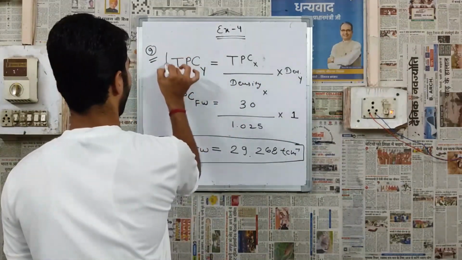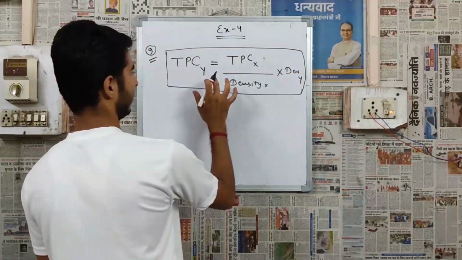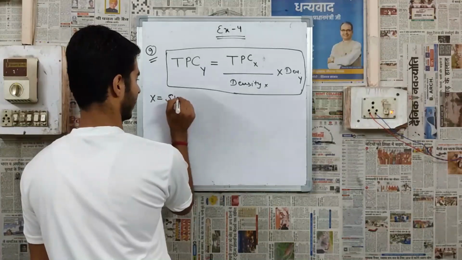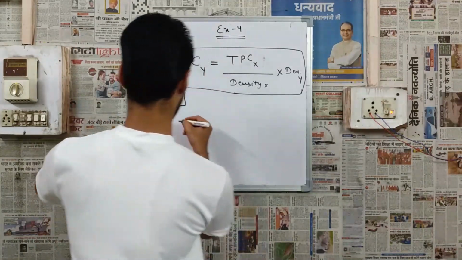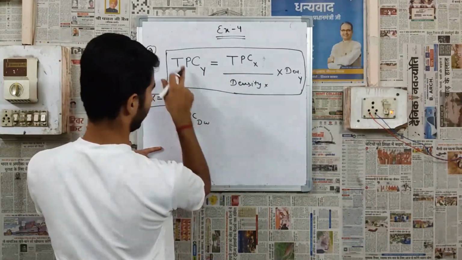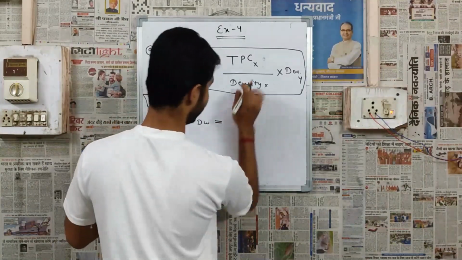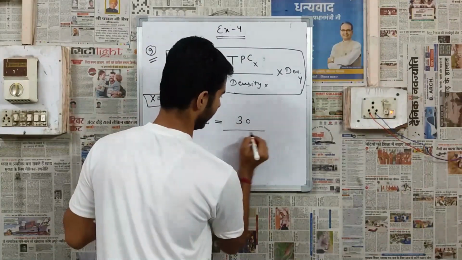Guys, remember this formula. In this question, our X is salt water. Remember this thing. So TPC of dock water is equal to the TPC X, and X is salt water, and it is given, that is 30.